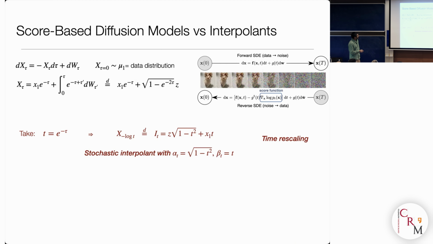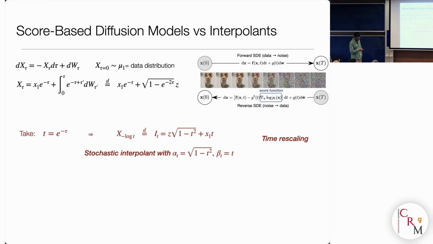Okay? Now, in law, at any given value of tau, this term is equivalent to this term, where the factor z here is just a Gaussian random variable with standard normal distribution, N(0,1). Okay?